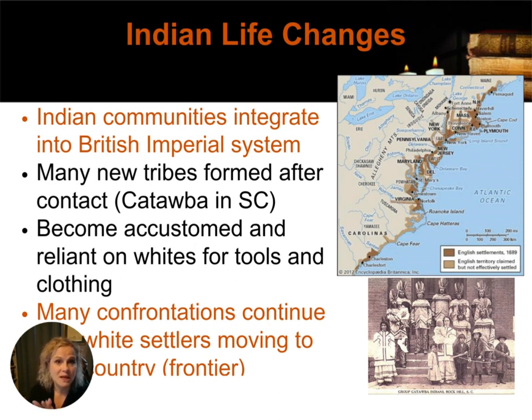They do start to become more accustomed to living near white people, relying on them for tools and clothing and things of that nature. But they don't go away, and they fight for the land that belonged to them. They felt that was an encroachment on their land. And so there are quite a bit of skirmishes with people on the frontier.